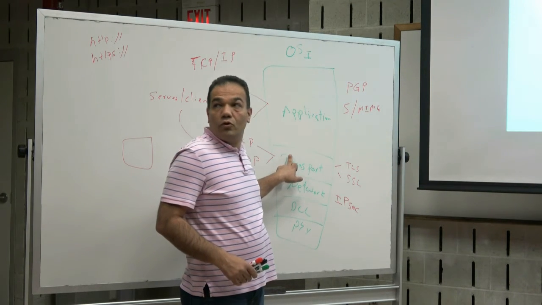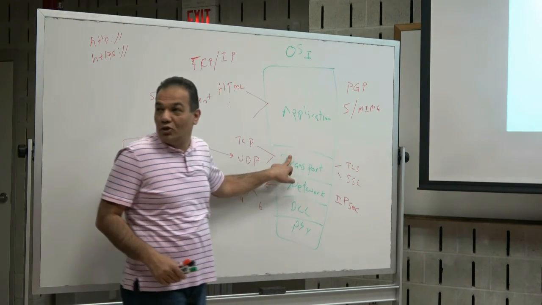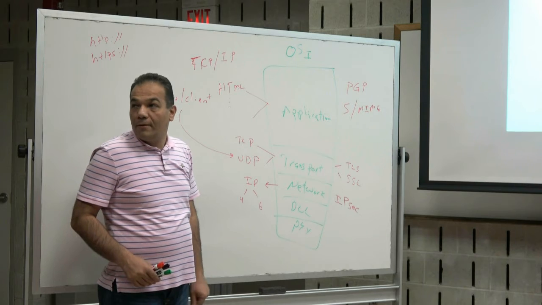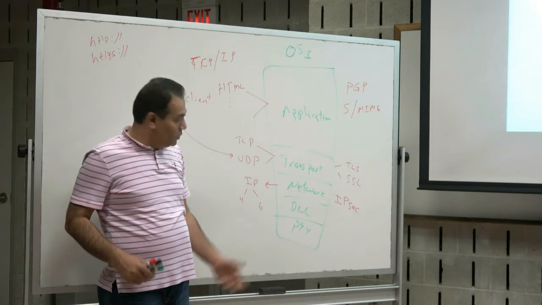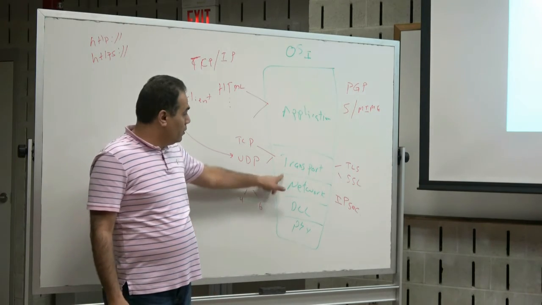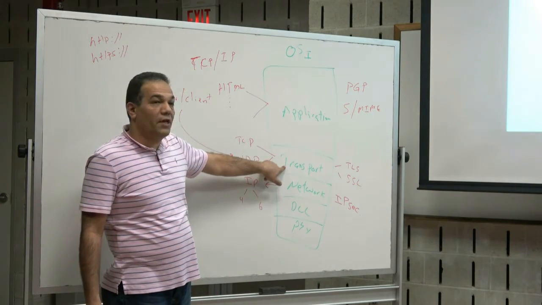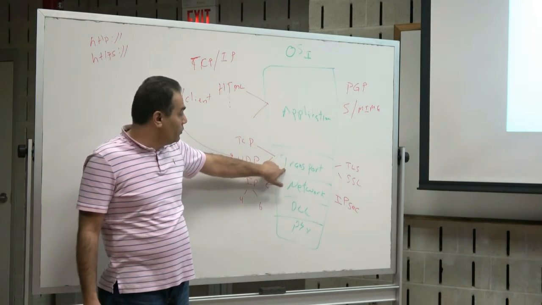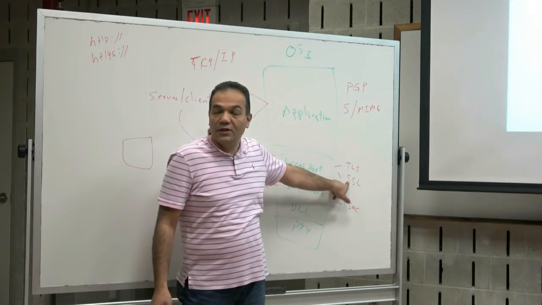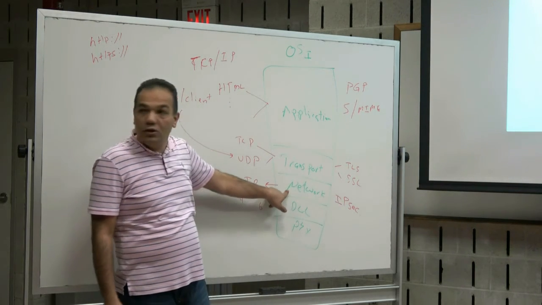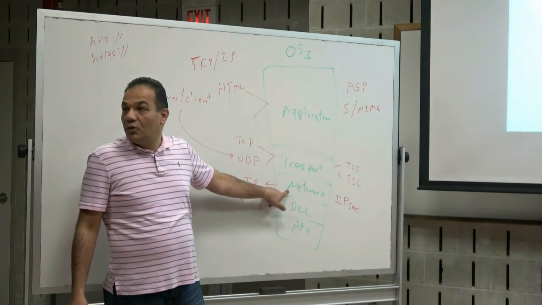No. What if you used UDP? It usually won't even get any request from the client. That's what I'm saying, so it's not a client-server application. So if you're using, for example, UDP, like video streaming, then TLS and SSL will not protect it. So you need to have protection in the network layer.